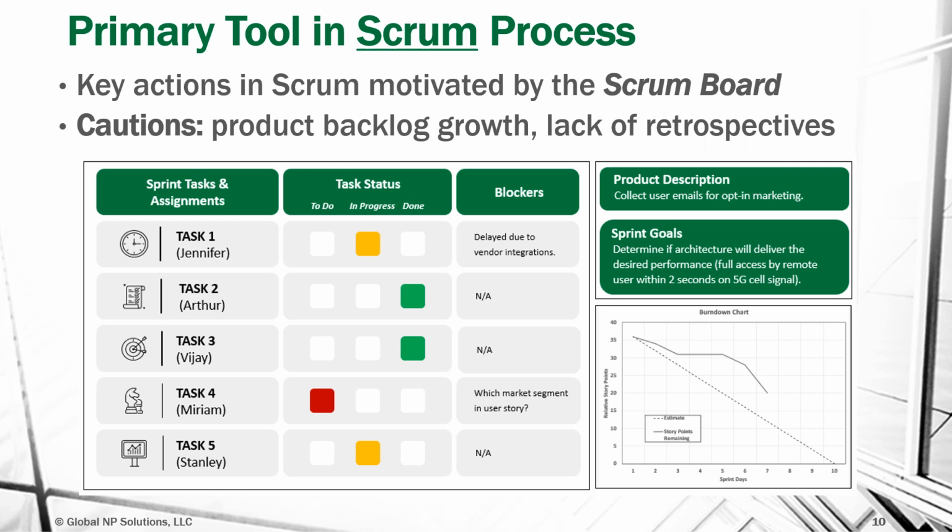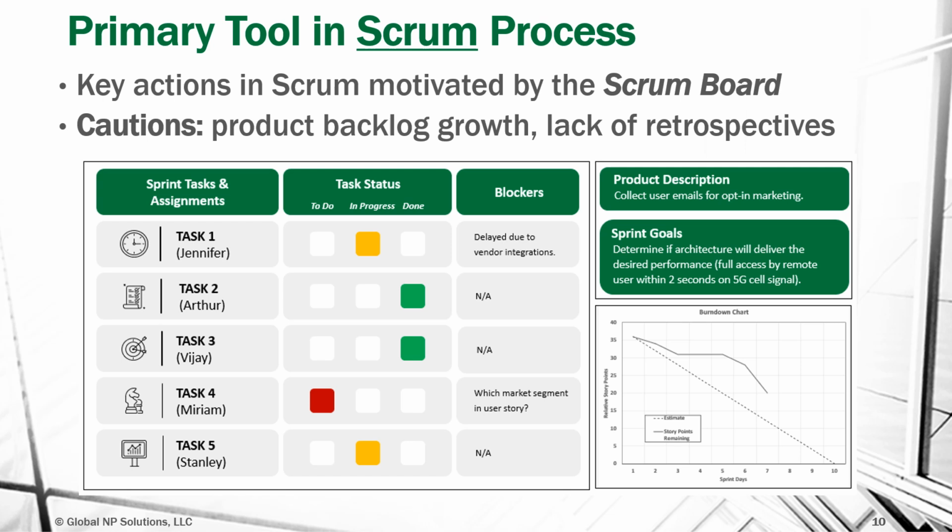A caution that can happen is that as there are more tasks not completed, they roll over to the next sprint. So we end up with a growth in the product backlog, in the sprint backlog, and the number of tasks that need to be done balloons a bit from sprint to sprint.